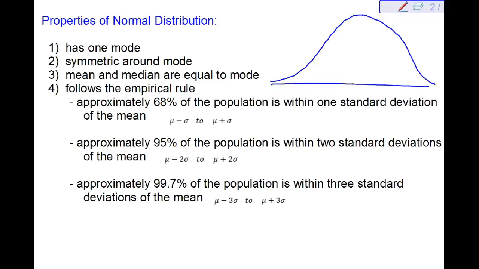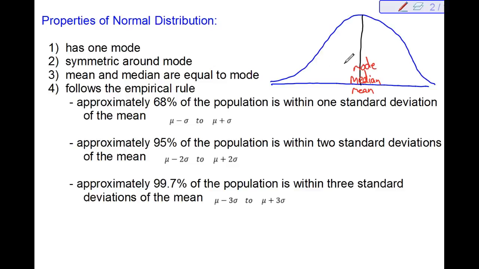So here's going to be our mode in the center, and it's going to be symmetric, meaning we can overlap it, and this side is going to be equivalent to this side. Our mean and our median are going to be equal to our mode, so that means that our mean, our median, and our mode are all going to be here in the center of our normal distribution.